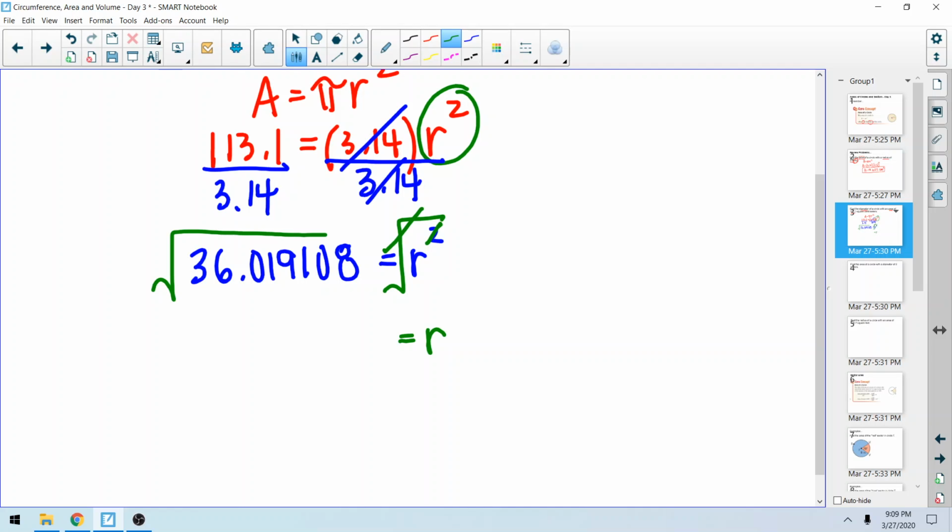Then over here on the left we're going to take the square root of 36.019108, which is going to give us 6.0015, which in my opinion is close enough to 6 that we can just say that our radius is 6 centimeters.